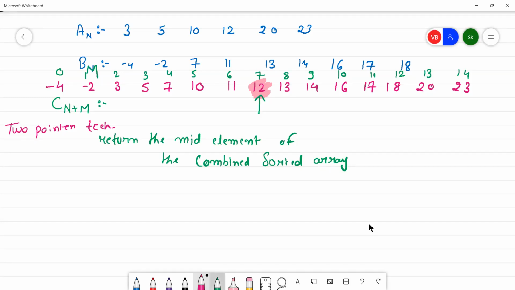We obviously know that the first thing we have to do is to create a result array, and its size will be n plus m. That's for sure. Now, we all know that these two arrays are sorted arrays, yes or no?